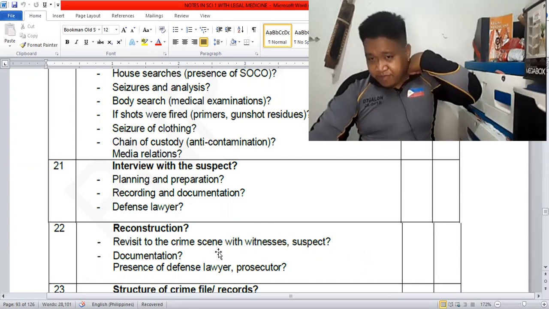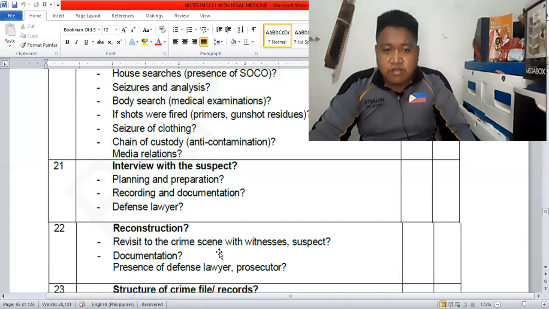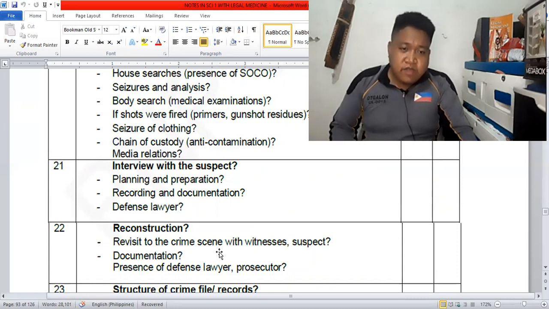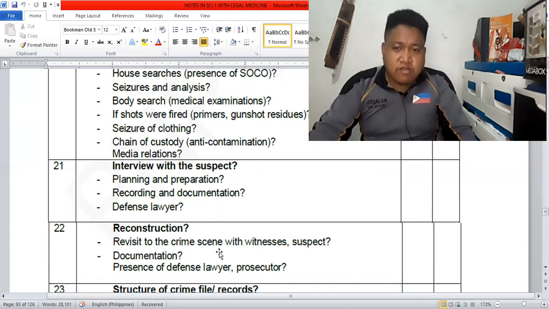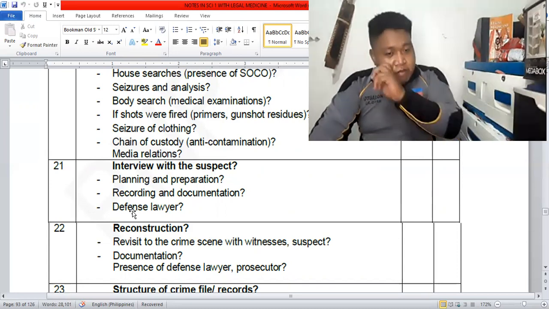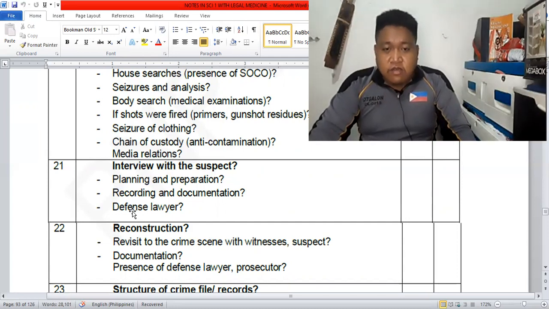Always remember, under Republic Act number 7438, the law provides that in all aspects, stage of criminal investigation, custodial interrogation, or custodial investigation, the suspect must always be assisted by his or her counsel of his own choice or provided by the government.